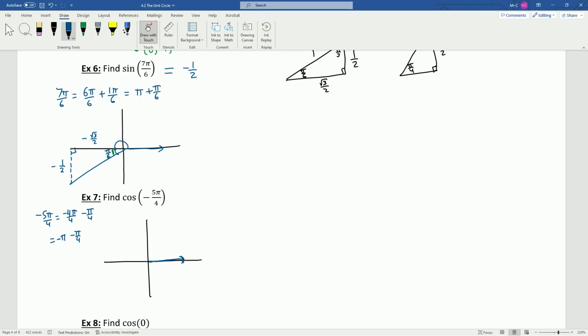And now I need to draw negative pi minus pi over 4. So I go negative pi, that's negative the straight angle. And then I'm going to divide the next pi into 4 pieces, and I go negative one of those 4 pieces. So that means my reference angle here is pi over 4.